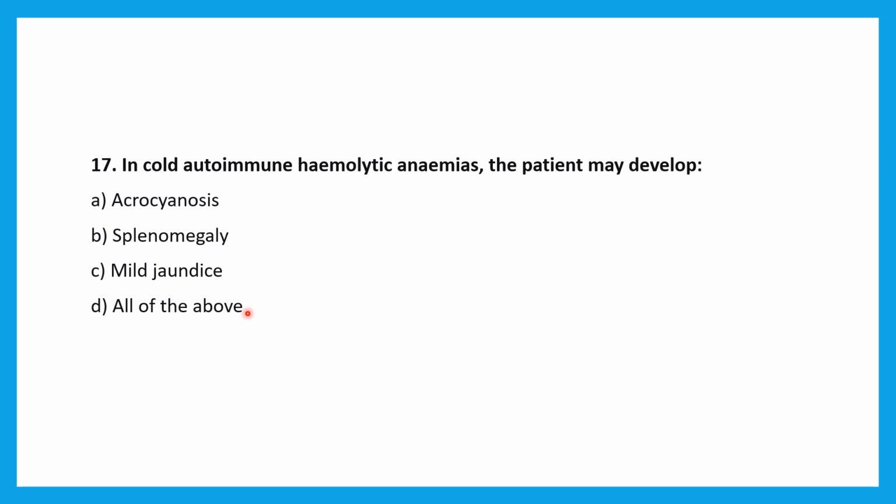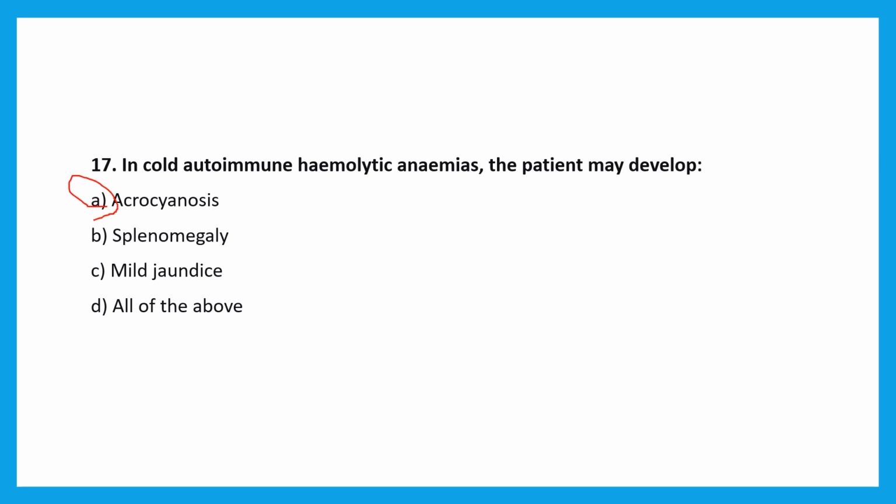The blood flow gets blocked, leading to acrocyanosis, which is characterized by a purplish discoloration of the fingers, the toes, the nose, and also the ears. Well, jaundice and splenomegaly can occur, but acrocyanosis is a distinctive feature of cold autoimmune hemolytic anemia. And therefore, we are only considering acrocyanosis as the correct answer here.